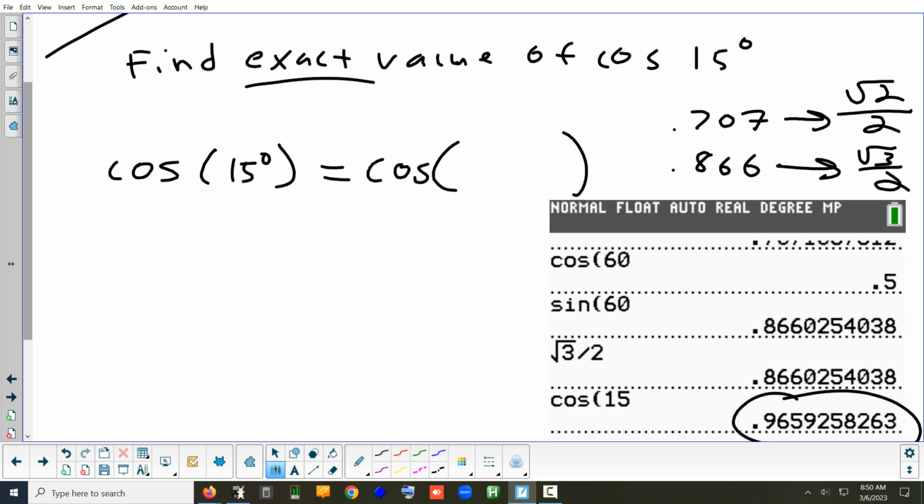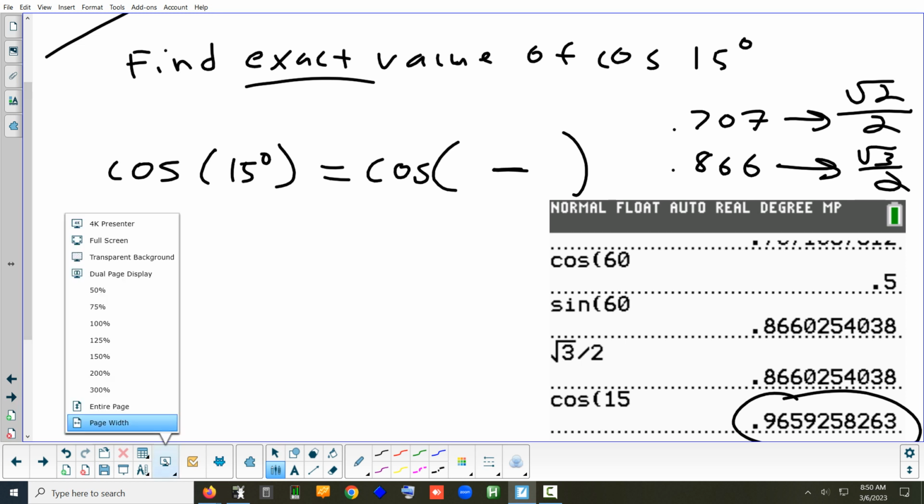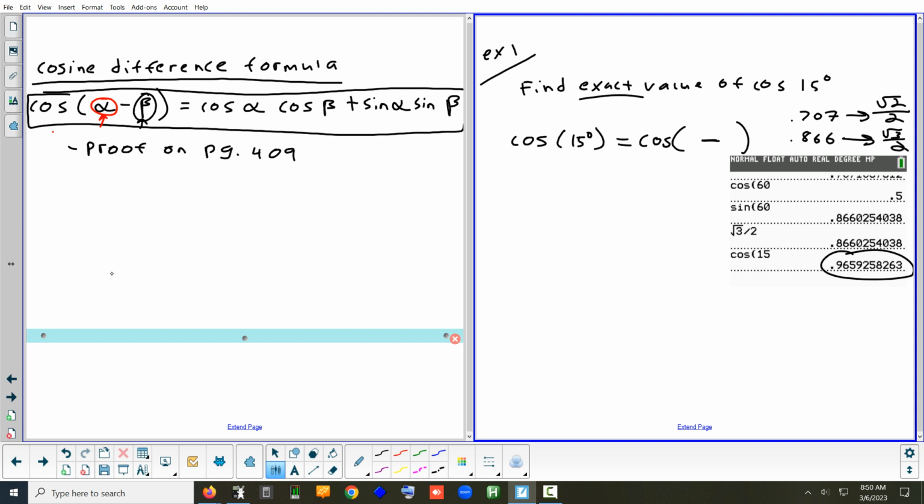So this is how we do it. You have to write the cosine of 15 as a difference of two angles. You might say, well, there are a lot of ways to write 15 as a difference. You could say 70 minus 10. But there's a trick.